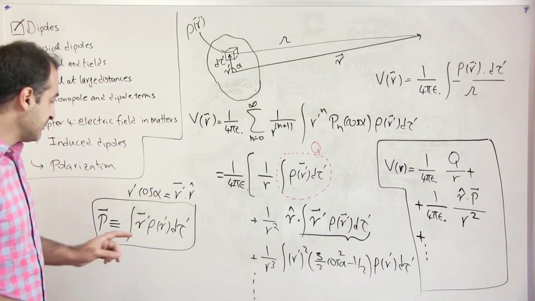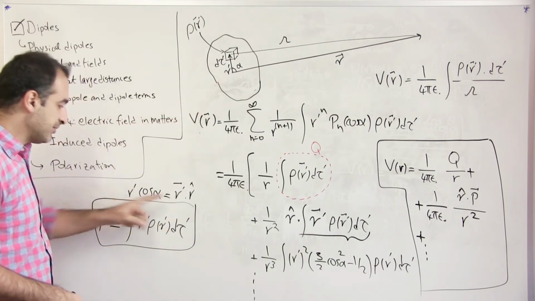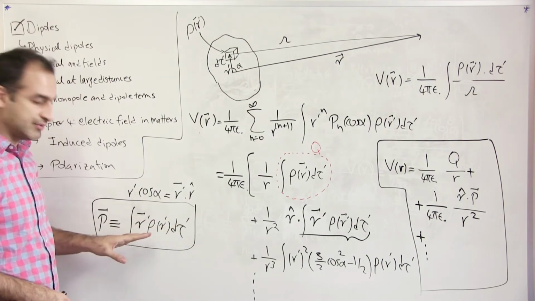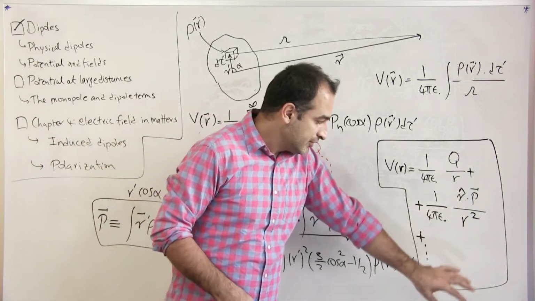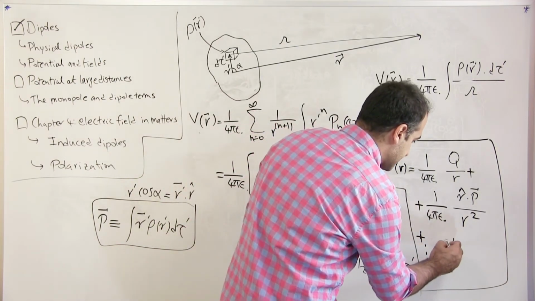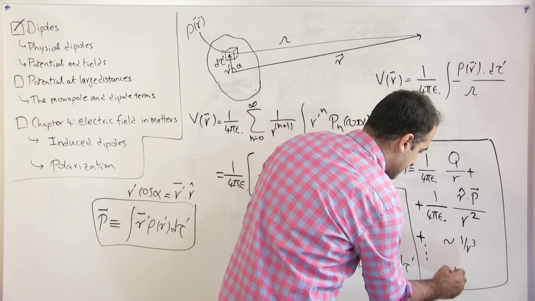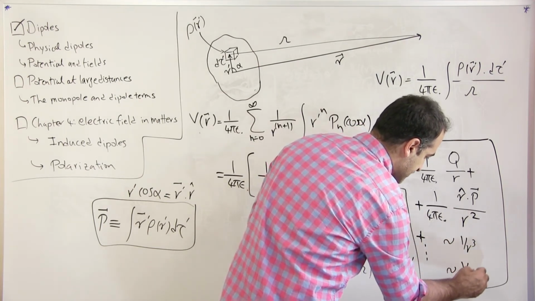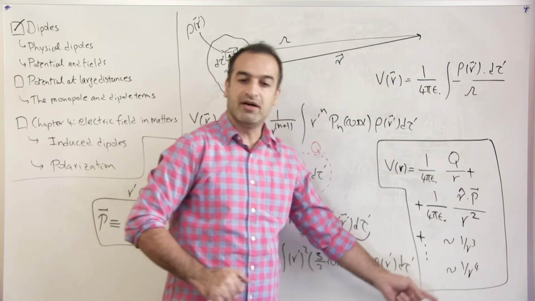You can imagine that if you really have one single point charge here, the dipole term just vanishes, it becomes zero. If you want to include more terms, the next one is going to be proportional to 1 over r cubed, the next one proportional to 1 over r to the power of 4, and so on. These terms are smaller and smaller.